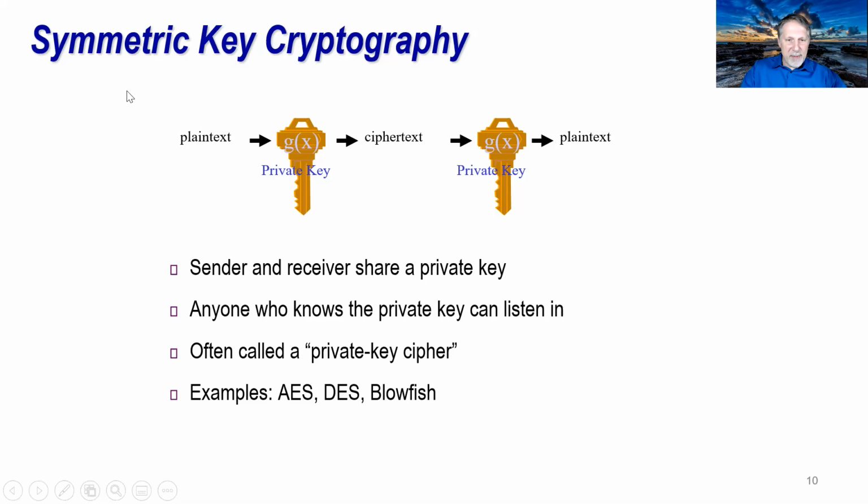Now, with a symmetric key cryptographic function, an example is AES, DES, Blowfish, ChaCha, we can take that ciphertext, put it through the decryption function with the same key, and get the original plain text. Now, the plain text looks like the information we encrypted.